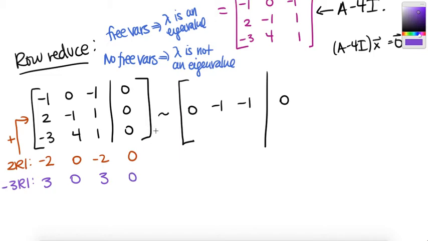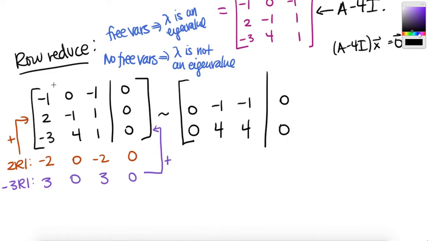And then we're going to take this and add it to row 3 to get our new row 3. So -3 and 3 is 0. 4 and 0 is 4. 3 and 1 is 4. 0 and 0 is 0.